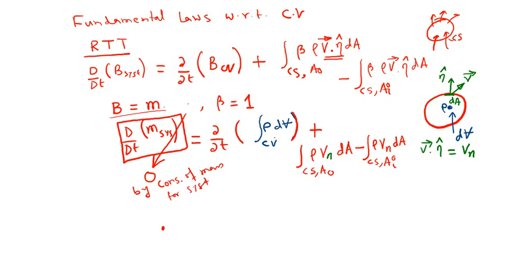Okay, so the conservation of mass for a control volume will be what? The right hand portion is equal to 0. Okay, so this is the form of the conservation of mass.